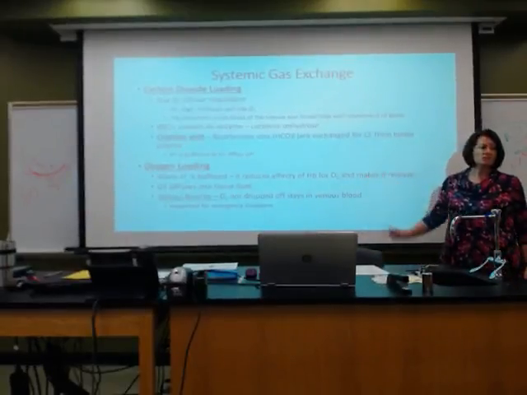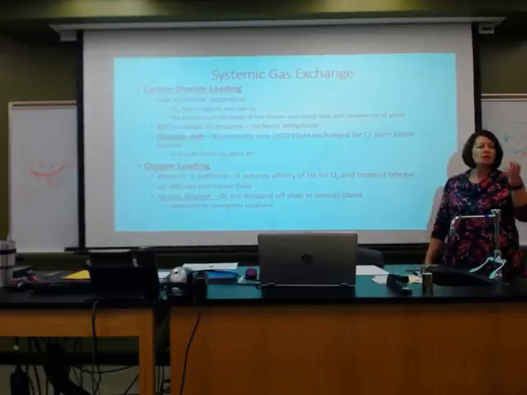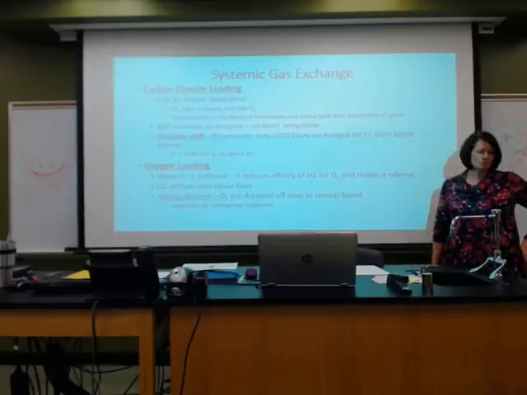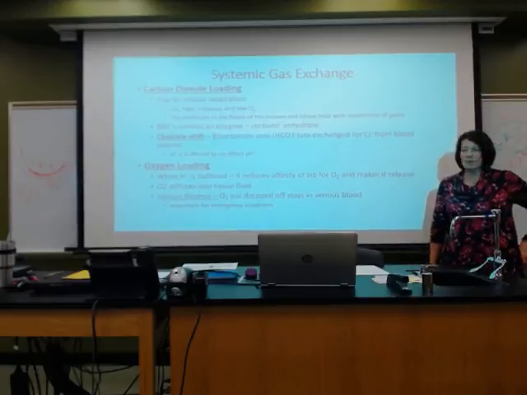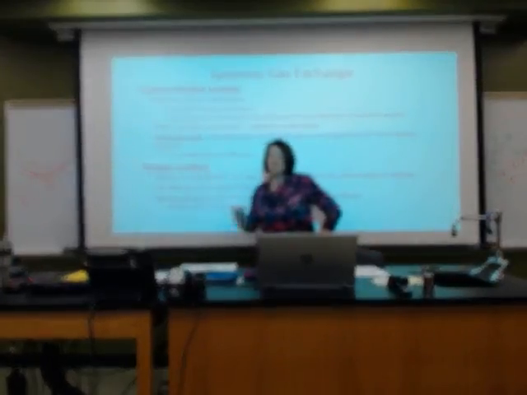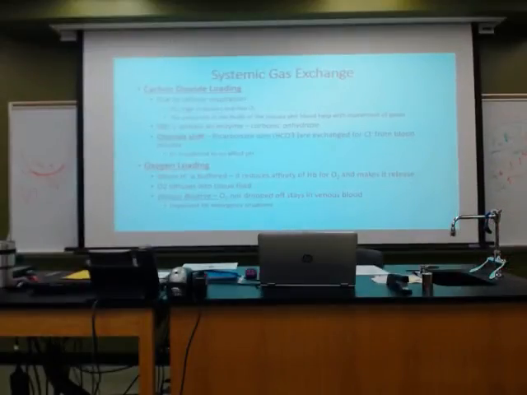It's called a shift. So chlorine actually is important. Where do we get that chlorine from? Our salts that we eat. At the point where we've got to take care of the CO2 and then oxygen, okay?